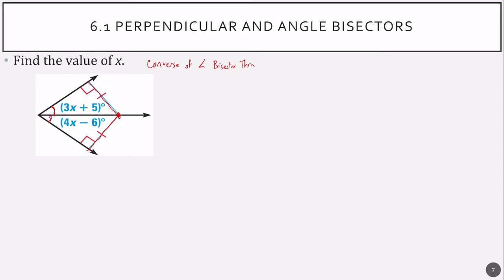So that means that that angle and that angle are the same size. So 3x plus 5 would have to equal the 4x minus 6. Let's get the x's together. Add the 6. So x is 11.